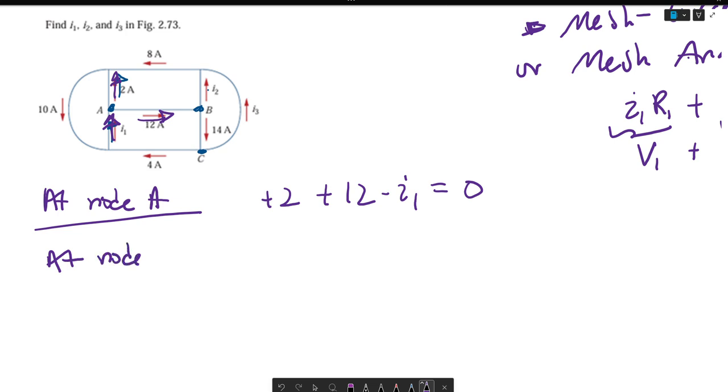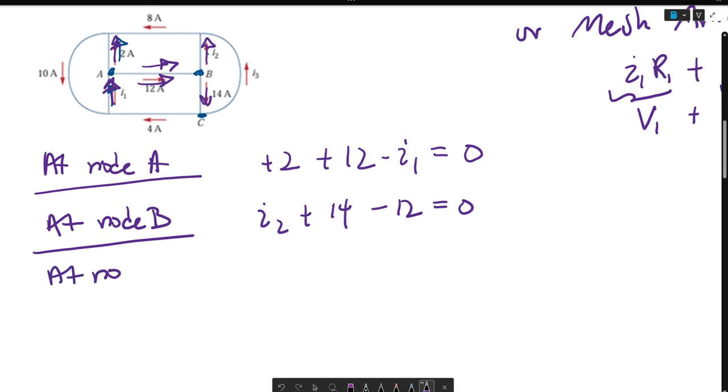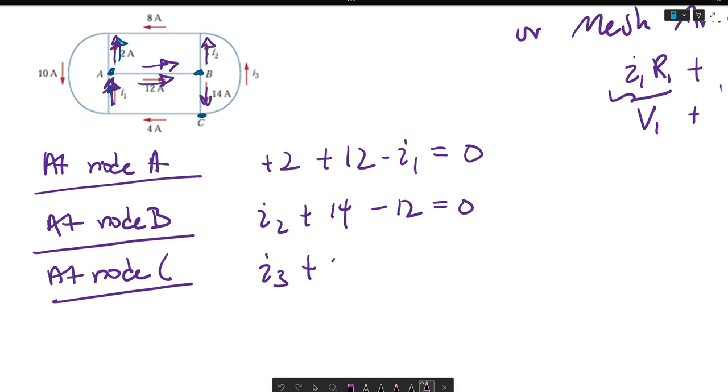And then at node B, we say I2 plus I4, because they're leaving the B node, and then minus I2 is equal to 0, because I2 is entering the B node. And then at node C, we have I3 plus 4, since I3 is leaving and 4 amps is leaving, minus I4 amps, which is equal to 0.